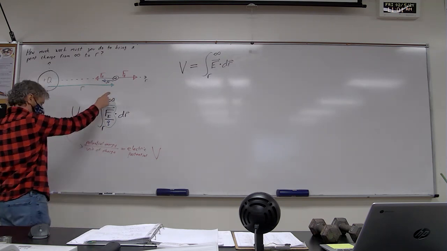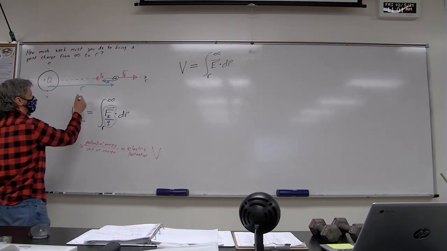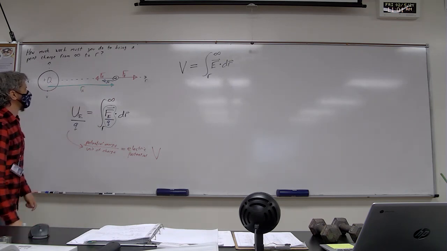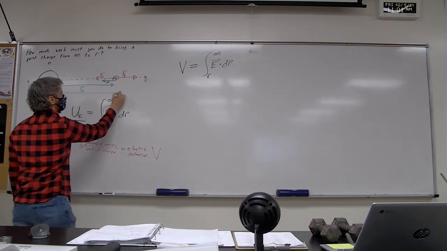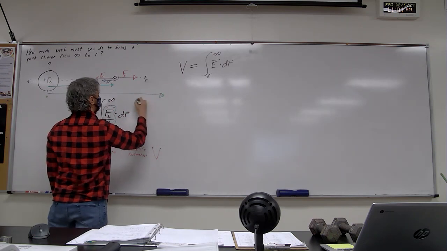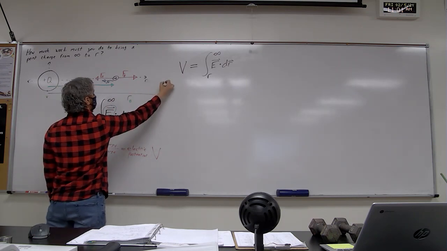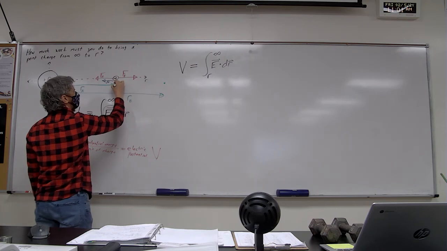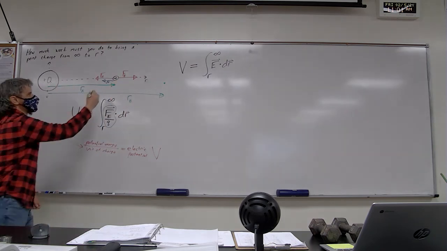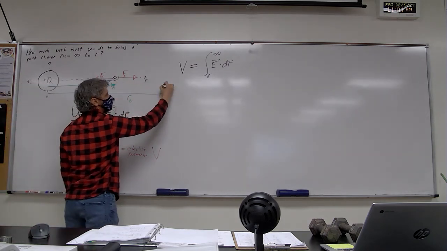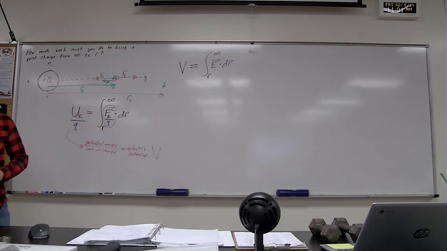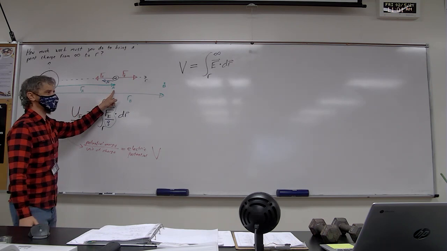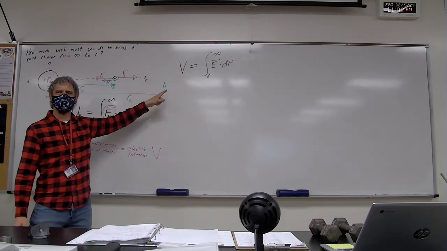Because if I call this position RA, and then I define another position as RB, point A and point B, by our new equation, do we have more or less potential energy here than we have here?